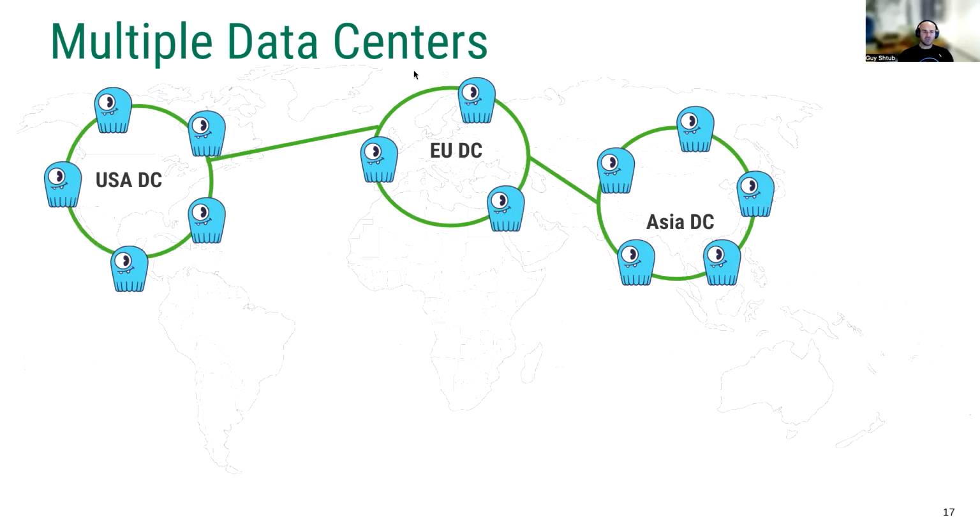And these nodes are distributed across 3 data centers in different geographical locations. Does anyone have an idea why we would want to use multiple data centers? There are a number of reasons. Maybe you can guess in the chat window. Okay, so why would we want to use more than one data center for our cluster?